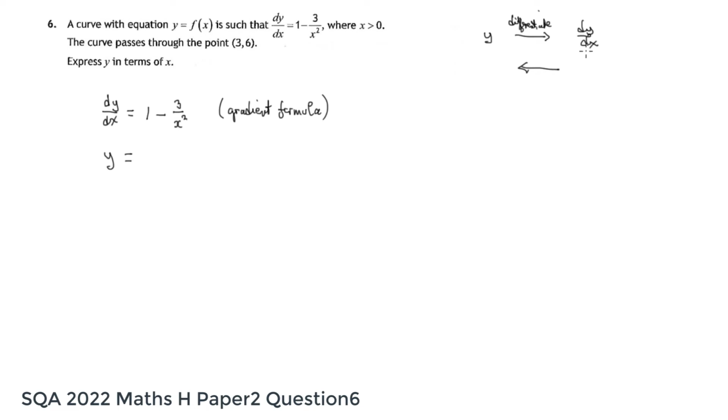And going from dy by dx back to y is the inverse process to differentiating. It's integrating. So we would have to integrate our gradient formula. So to recover y, that's the curve formula. That's the curve that has this as its gradient. We integrate.